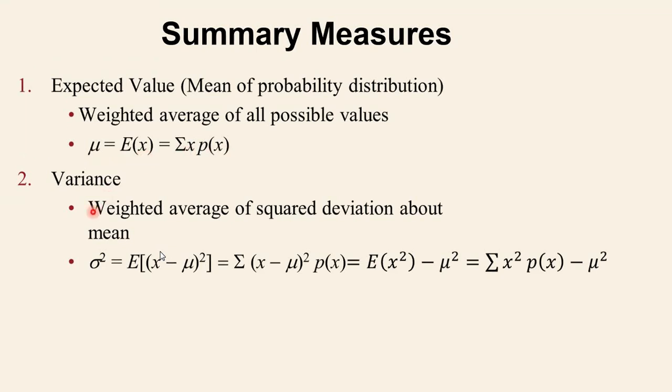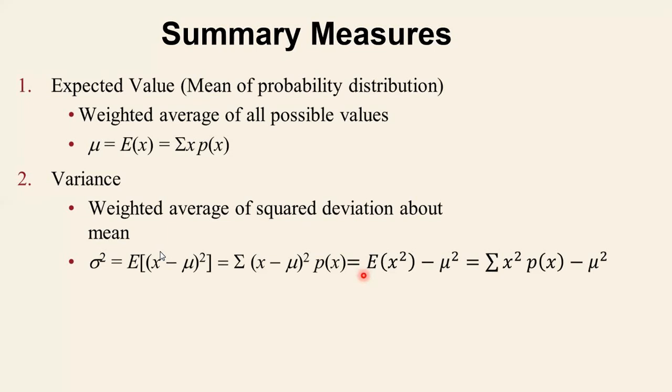Then variance. That is also the weighted average of squared deviations about the mean. That is denoted by sigma squared, defined as the expected value of (x minus mu) squared, because mu is equal to the expected value of x. Here E of x is mu. Then that is summation of (x minus mu) squared into p(x), weighted average.